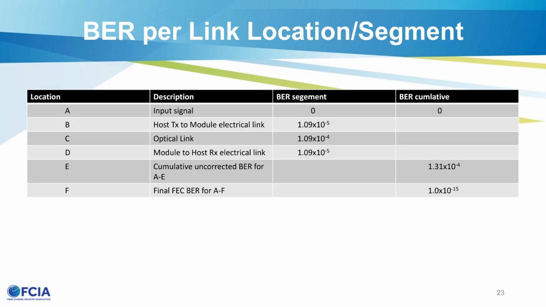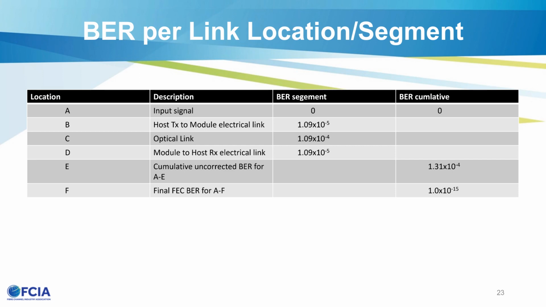And I think when you do that, a lot of work goes into understanding what can be corrected with the RSFEC, how long a burst can be impacted, etc. That's important. But one of the biggest things you get out of this is that the people who do these analyses allocate a bit error rate that you should be able to correct per segment, electrical segments and optical segments.